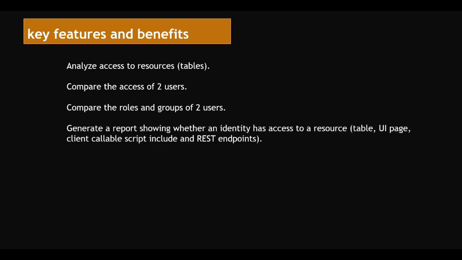We can also compare the access of two users like Abel Tutor and Beth: what kind of access do these two users have, and compare the roles and groups of the two users. And generate a report showing whether an identity has access to a resource like a table, UI page, client callable script include, and REST endpoint.